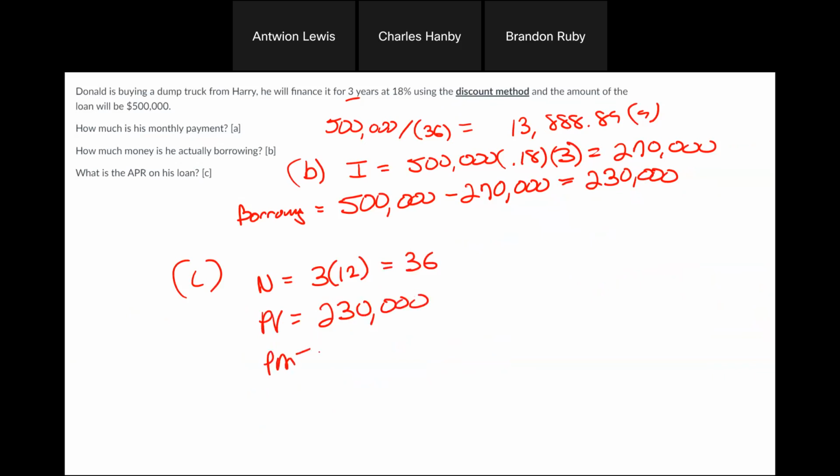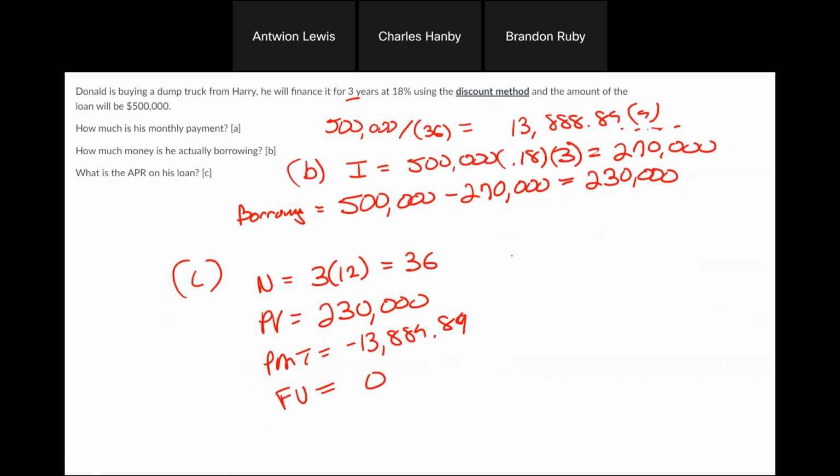Payment is the 13,888.89. This is a good example. You want to do this calculation and then press payment, as opposed to typing in $13,888.89.